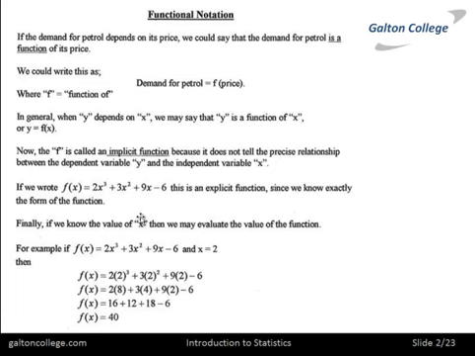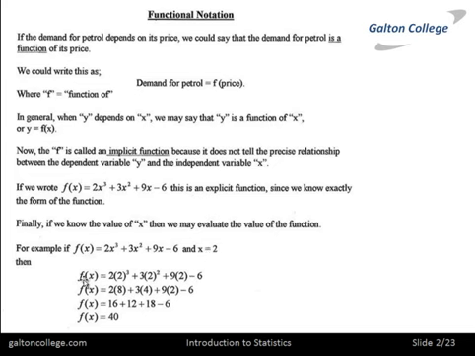Now, if we know the value of x, we can evaluate a function. So let's say f of x, some function of x, is equal to this lot, and we're also told that x equals 2. Just put x equal 2 into here.